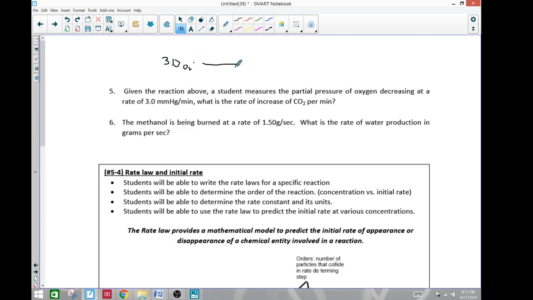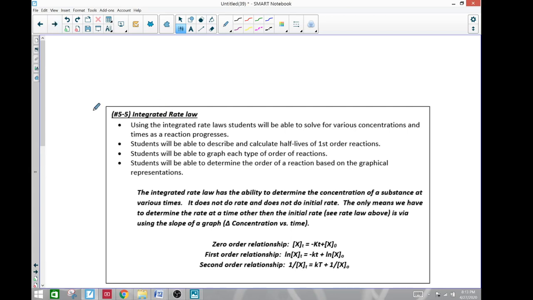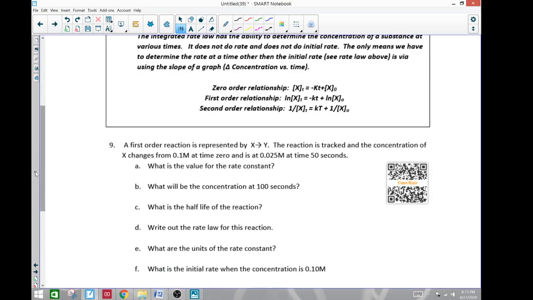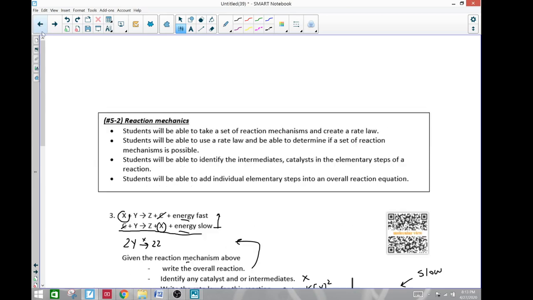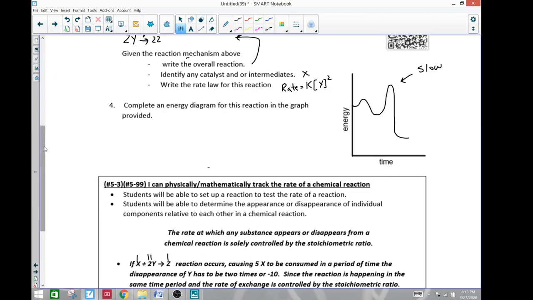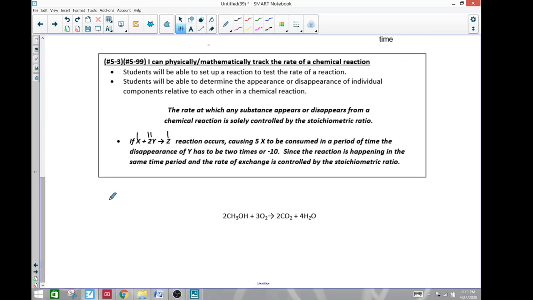Get rid of the oxygen and go to the CO2. Let's flip back to our chemical reaction, and let's see what we got. We're getting rid of this and we're producing this. That's a 3:2 ratio. Perfect.